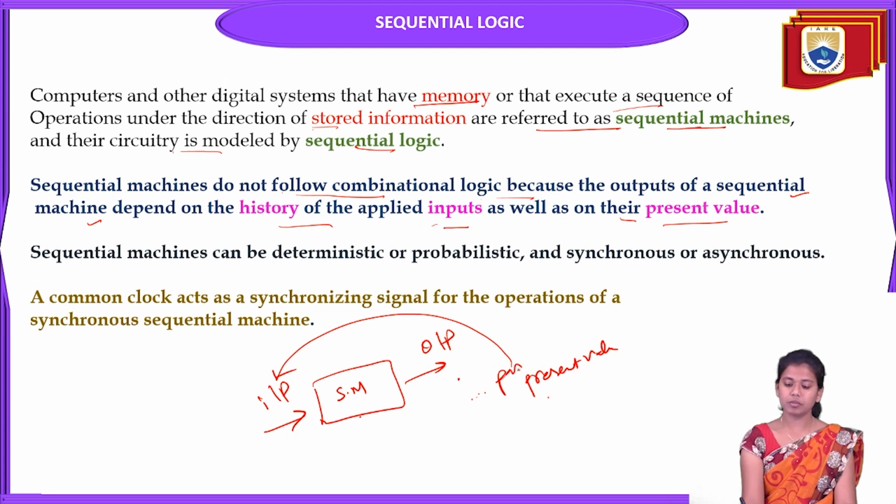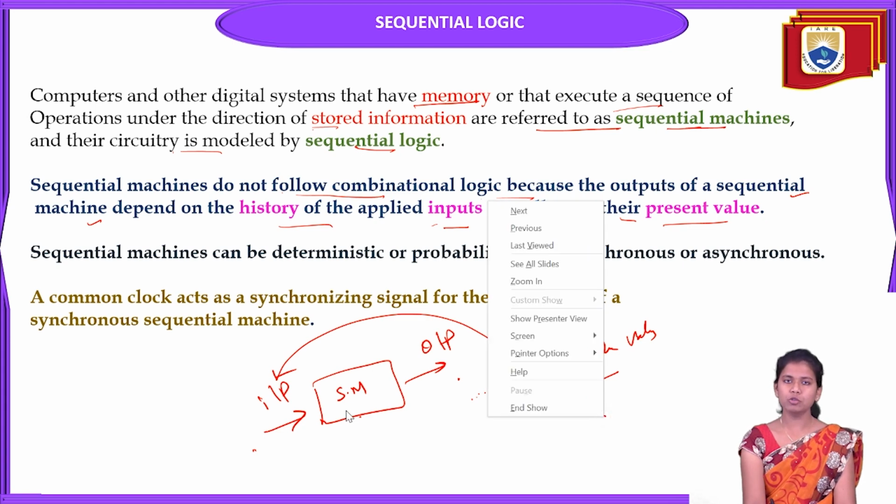That means the past inputs as well as the present values of the input. So the sequential machines do not follow the combinational logic, because their output depends not only on the past inputs, but also on the present values. Because of this reason, the sequential machines do not follow the combinational logic.